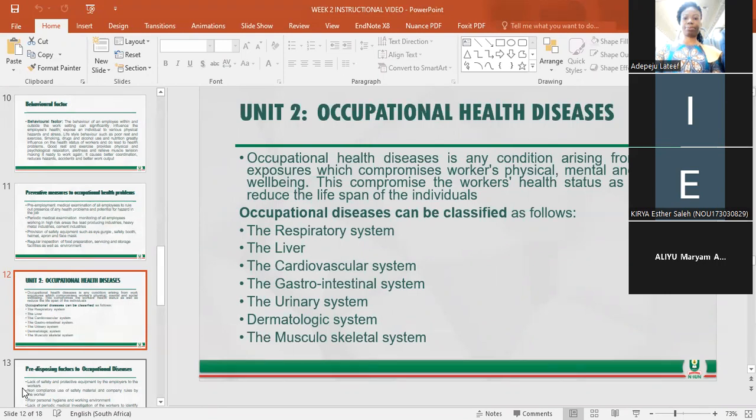And it can be classified basically into the physical, the mental, and the social well-being of a person.